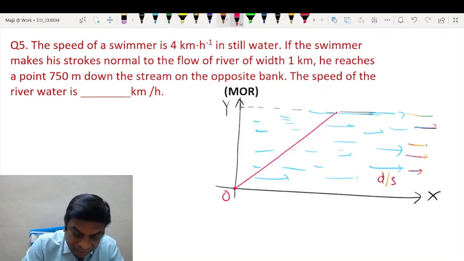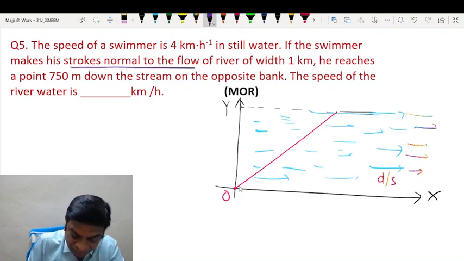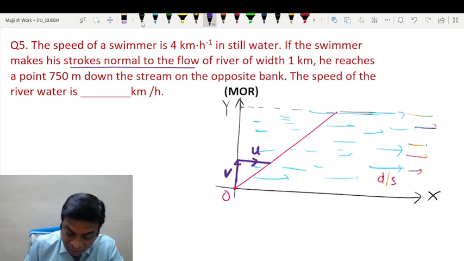As is given, he is attempting to move perpendicular to the flow of the river, that is along the y-axis. That is his own velocity, which we can take as v, perpendicular to the river, but the river flow is in the downstream direction. So as a resultant, the resultant velocity VR will be in this direction. So actually he is moving this way.